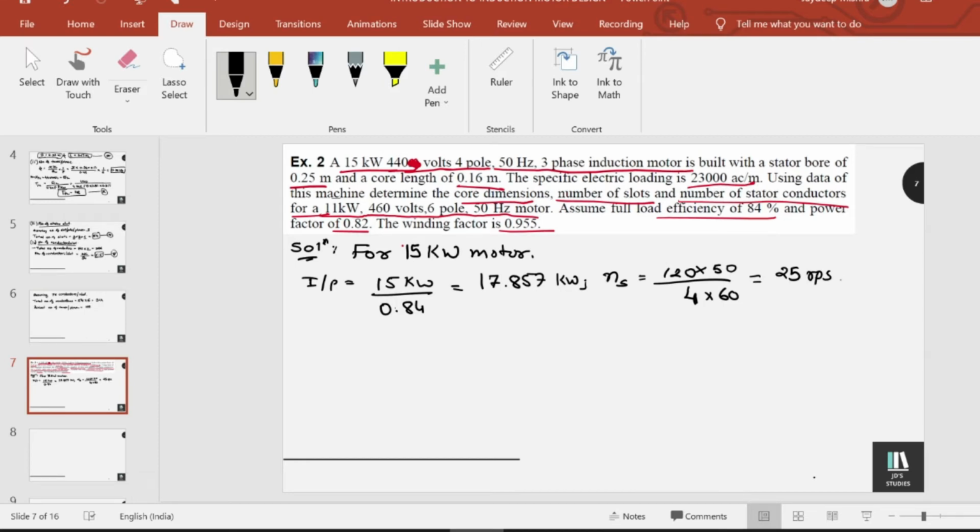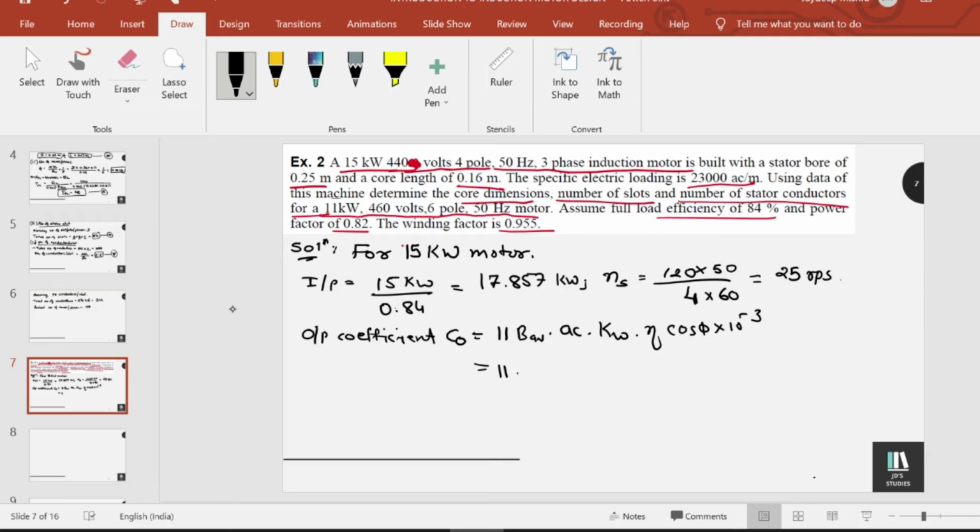Now we have the output coefficient, which is C0. C0 is equal to 11 Bav AC kW eta cos phi into 10 raised to minus 3. We have all these values except the Bav.